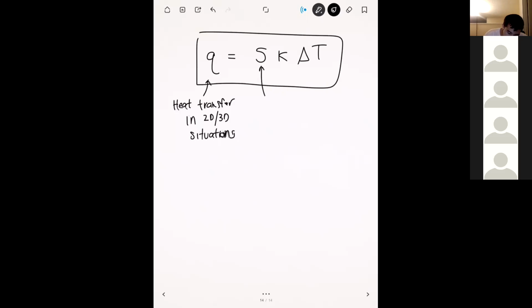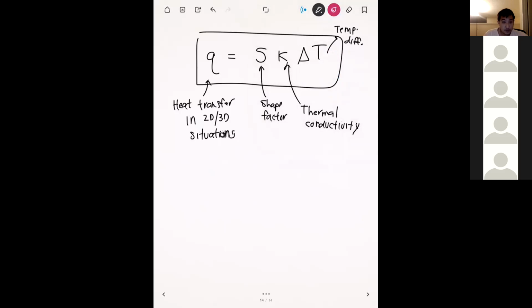So let me label this, okay? So this S here is our shape factor, and I'll define that more in a second. Okay? K here is our thermal conductivity. Okay. And then delta T here, this is just the temperature difference.